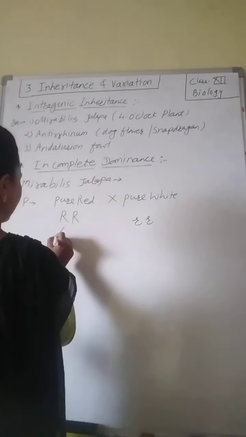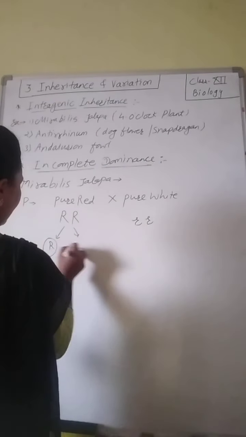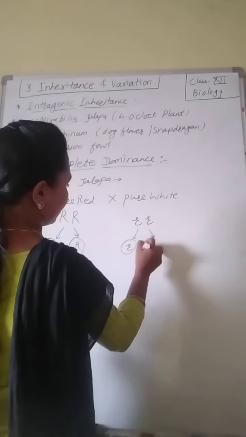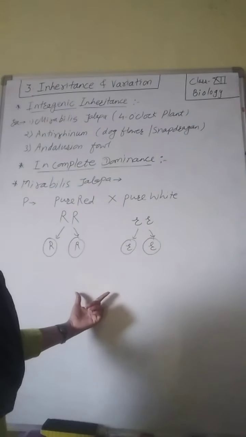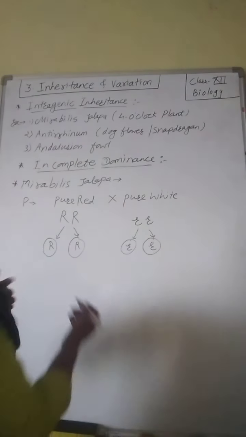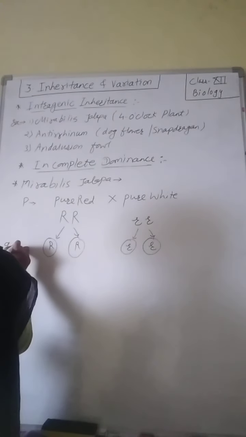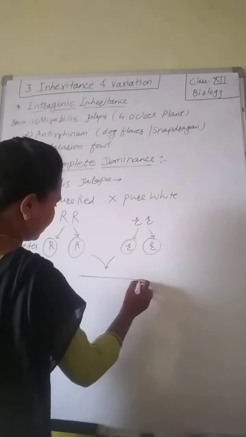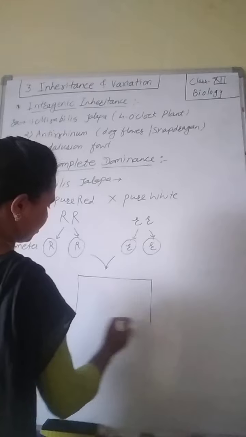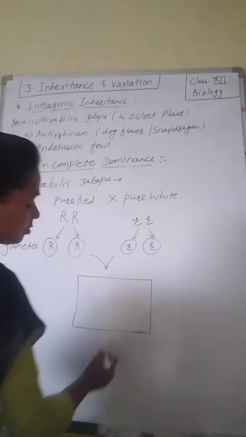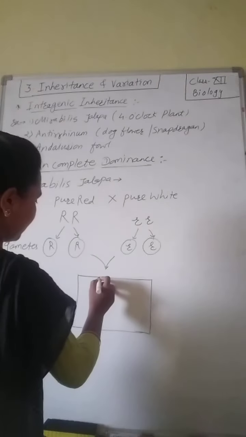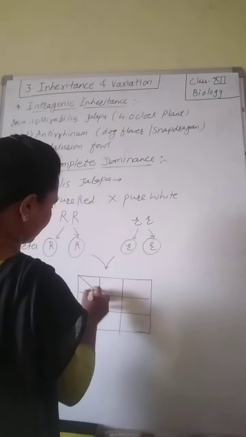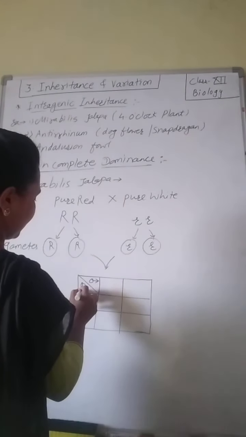So the gametes are capital R and capital R from one parent, and small r and small r from the other. We do the crossing for the F1 generation using the Punnett square, writing male gamete and female gamete.